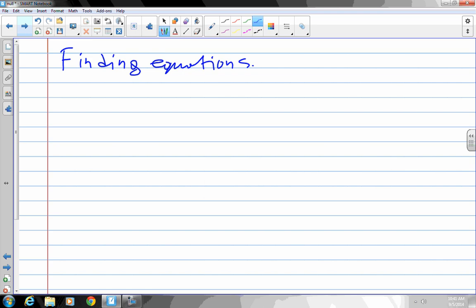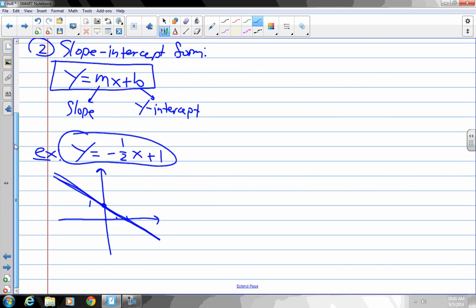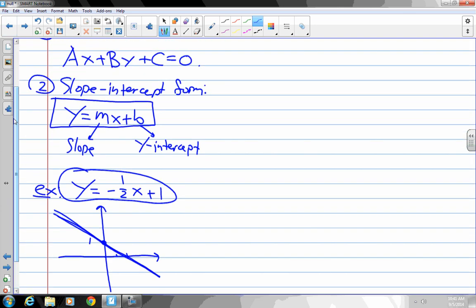So there are 2 ways of finding the equation of a line. In both cases, you still need to have a point on that line and the slope of that line. Now, most of you have done this before. You start with the mx plus b form. You know the slope, so you know m, right?